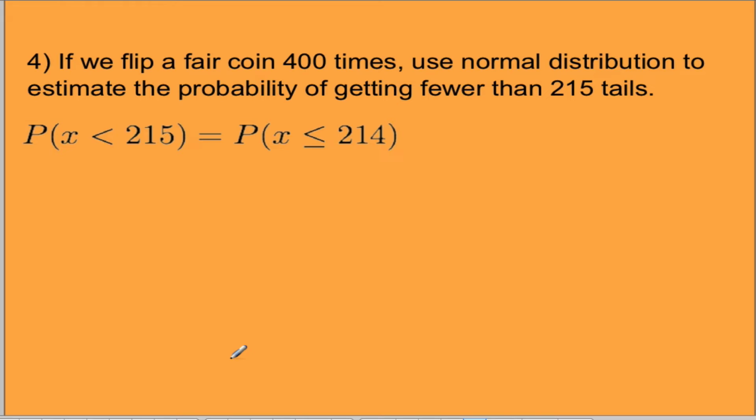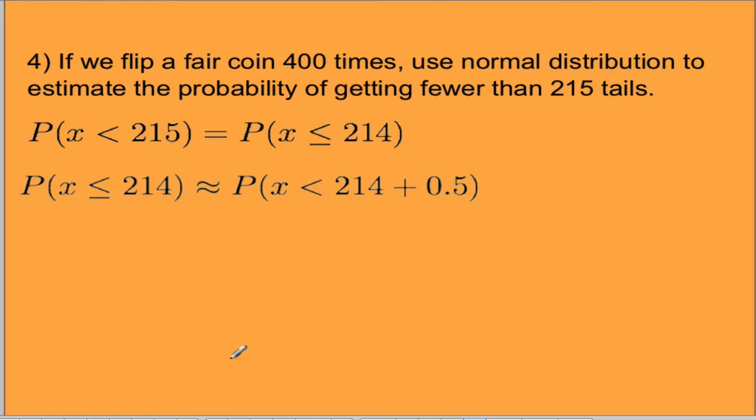Now the same problem, but this time we want to use normal distribution to estimate. When I have probability that x is less than or equal to 214, this will be approximated by probability that x is less than 214 plus 0.5.